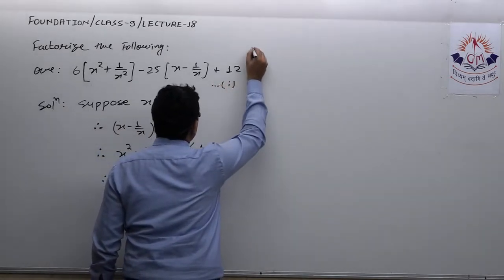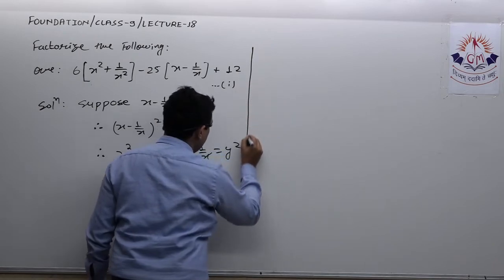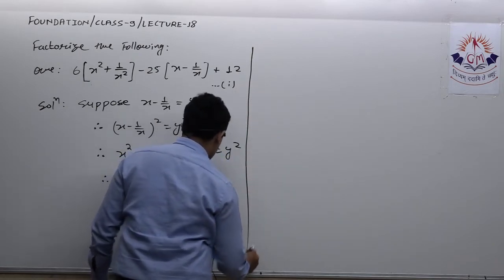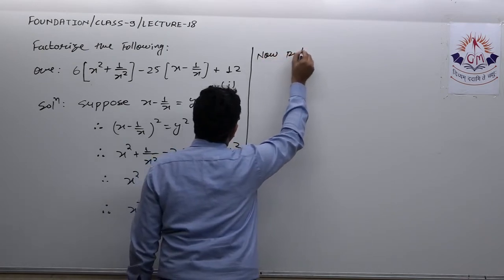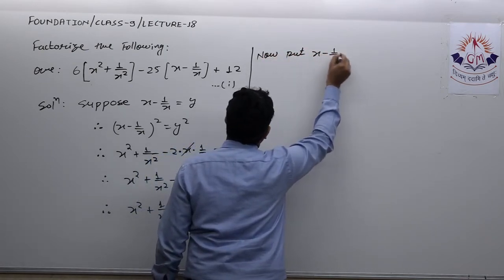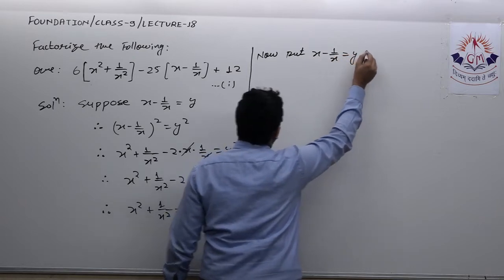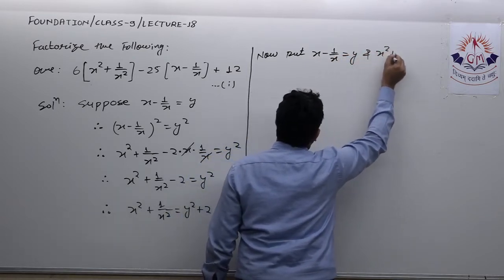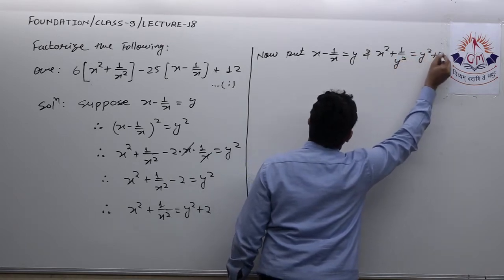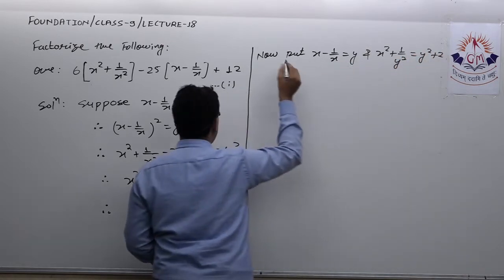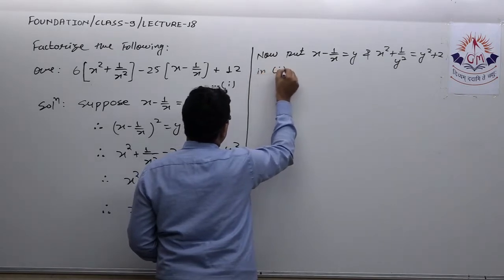Let me call this equation number 1. So now put x − 1/x = y, and x² + 1/x² = y² + 2 in the first expression.